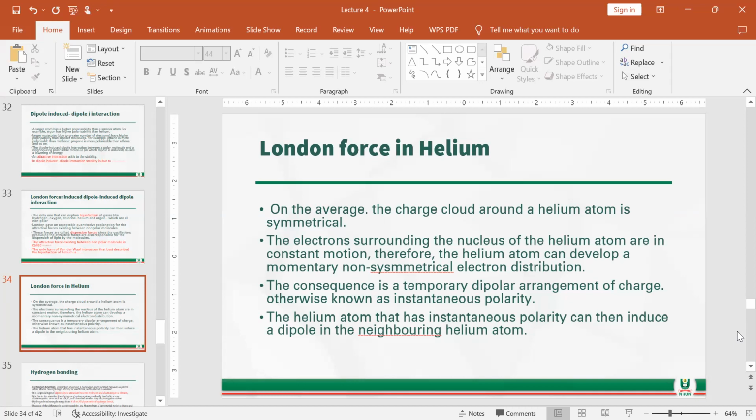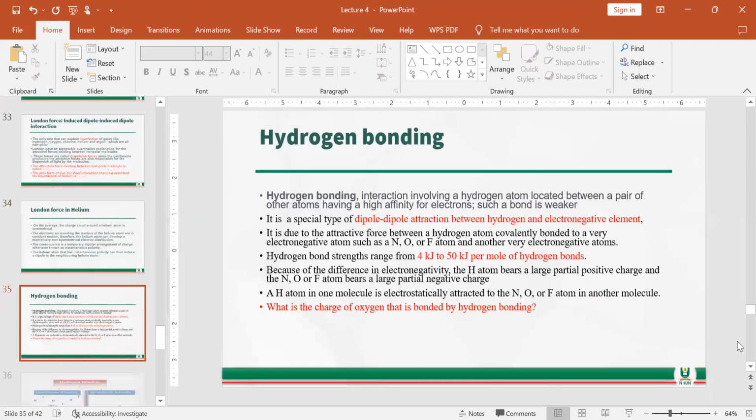That means once it is distorted, it is not the same. A dipole is induced. The consequence is a temporary dipole arrangement of charge, otherwise known as instantaneous polarizability. The helium atom that has instantaneous polarity can then induce a dipole in a neighboring helium atom. That is how it comes about.